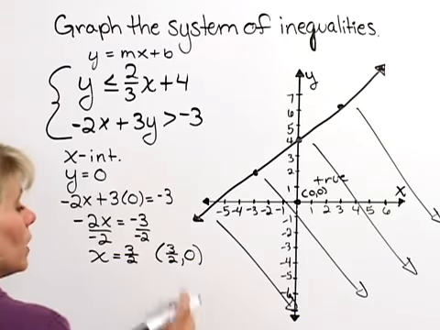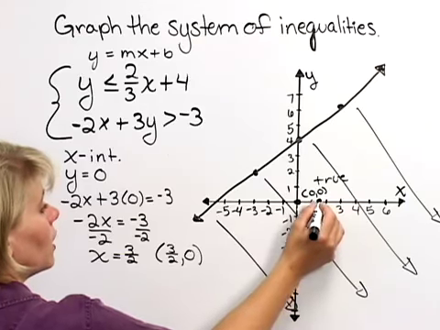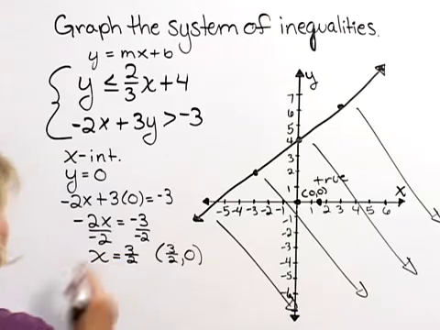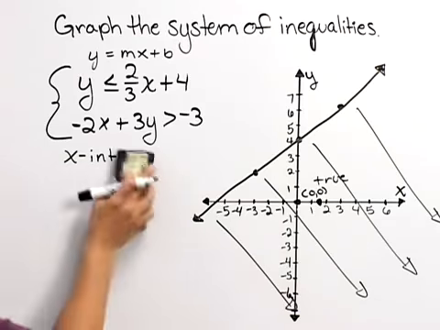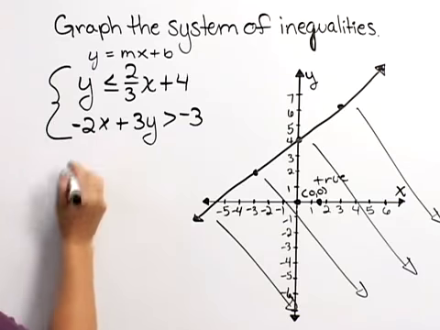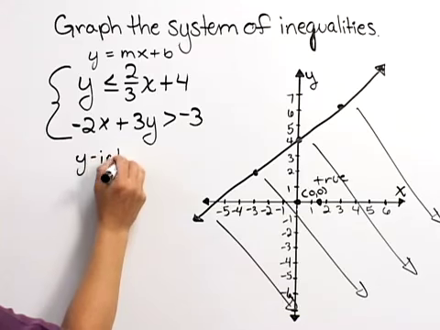Let's plot that point. 3/2 is 1.5. So that point's going to land right here. Let's find our y-intercept for this particular line. Our y-intercept will end up having our x be 0.